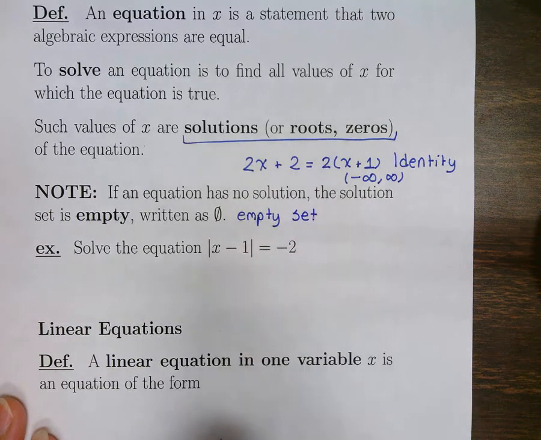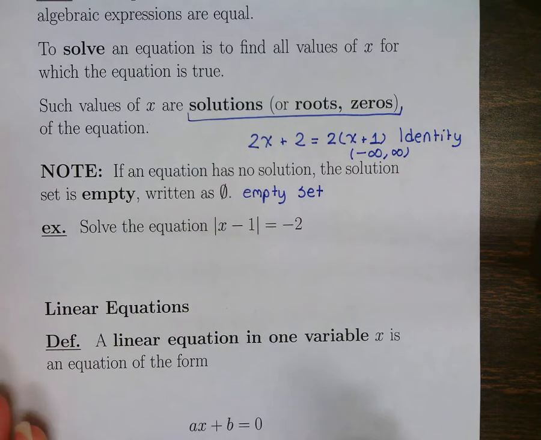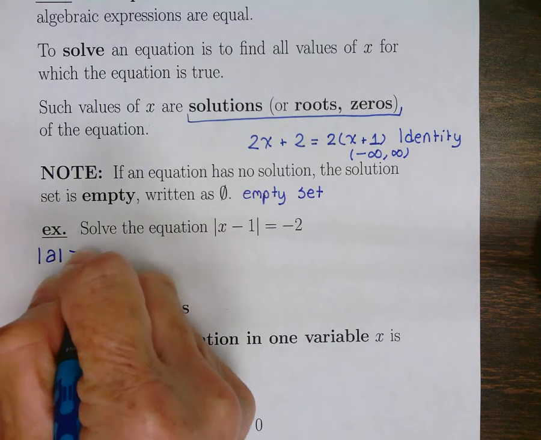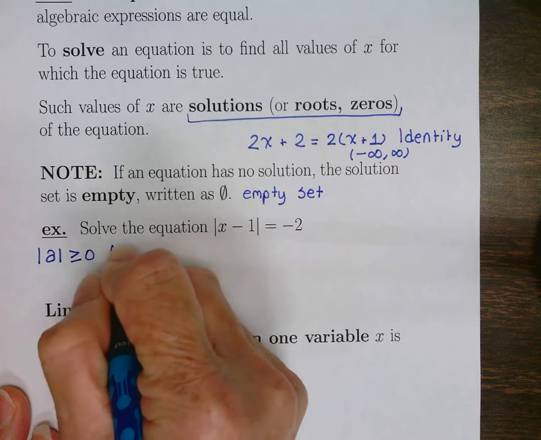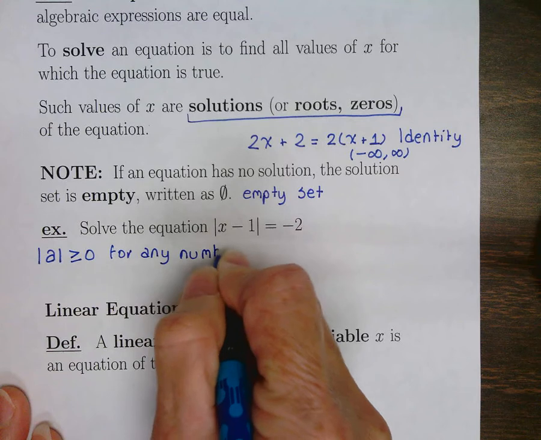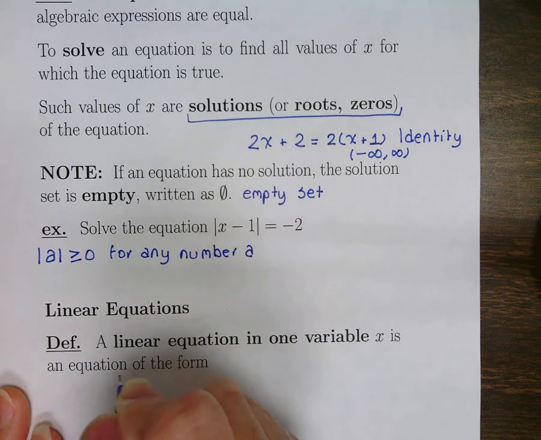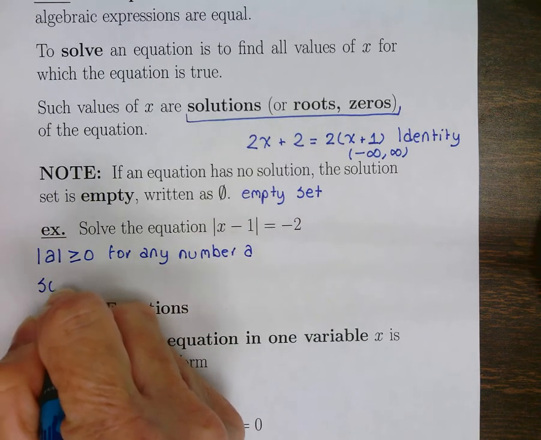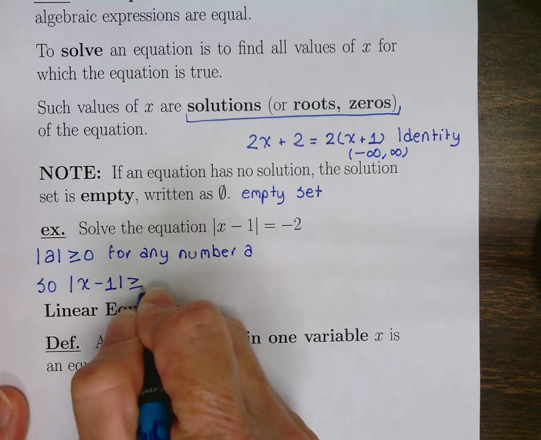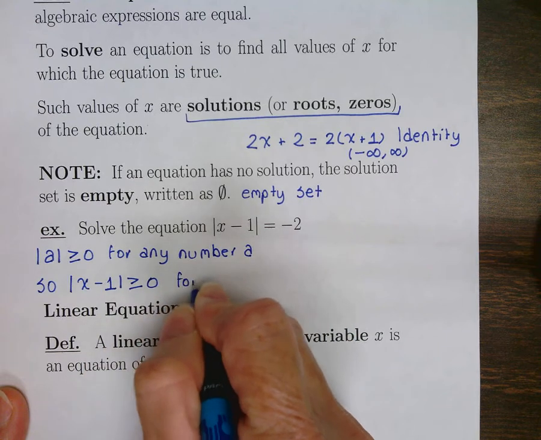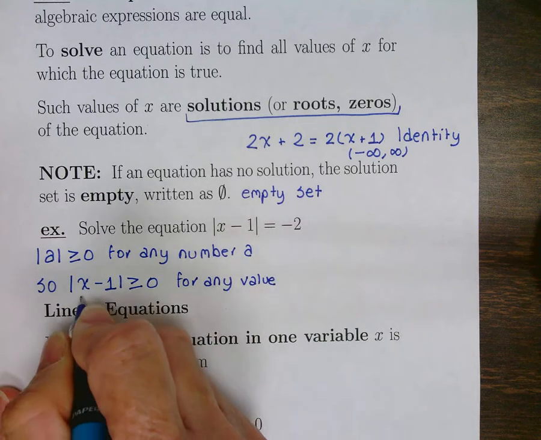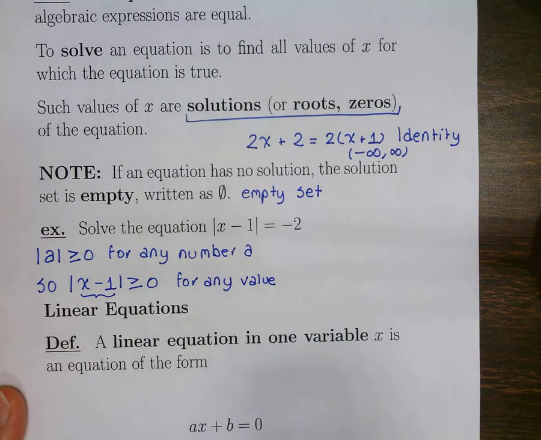And here's an example of an equation that has no solution, and let's see why. We know that the absolute value of a has to be at least 0 for any number a. So the absolute value of x minus 1 has to be greater than or equal to 0 for any value within the absolute value bars, and so for any value x.